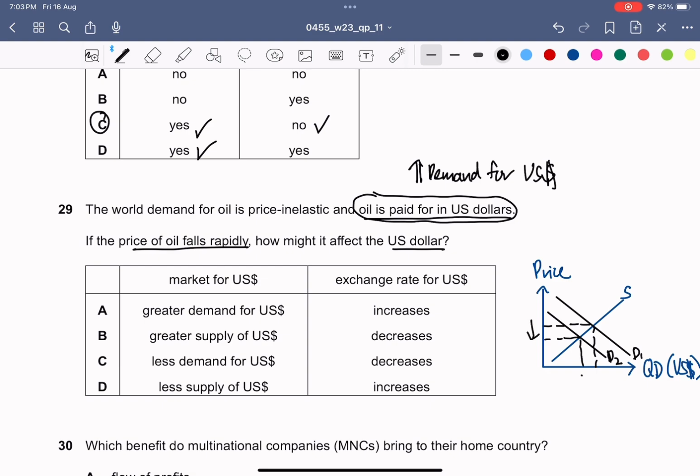So when the price of oil falls, the demand for the US dollar also decreases, which causes the demand curve to shift leftwards. And when demand for US dollar falls, this will weaken the US dollar. This causes the exchange rate for US dollar to decrease. So C is the correct answer.